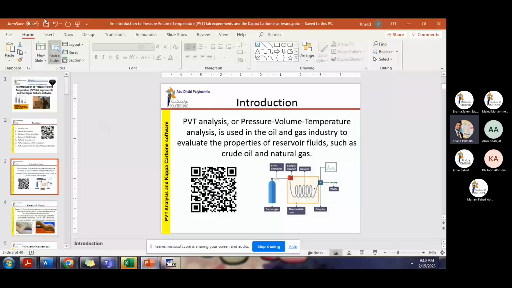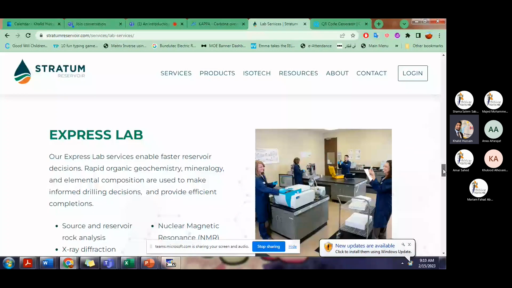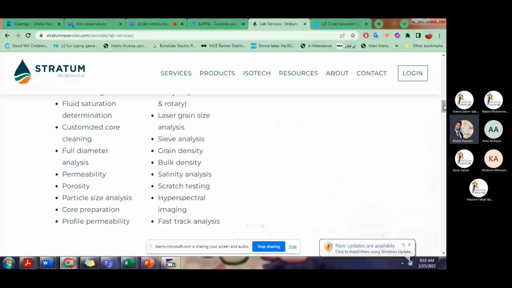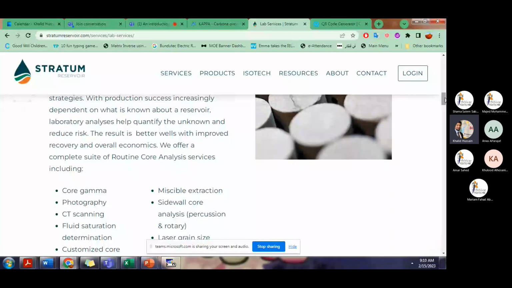Startum is a reservoir fluid study lab, and they also do core analysis and scale analysis. They have a laboratory in Musafa, and their labs are all over the world. If you get a chance, you can contact them and visit them.